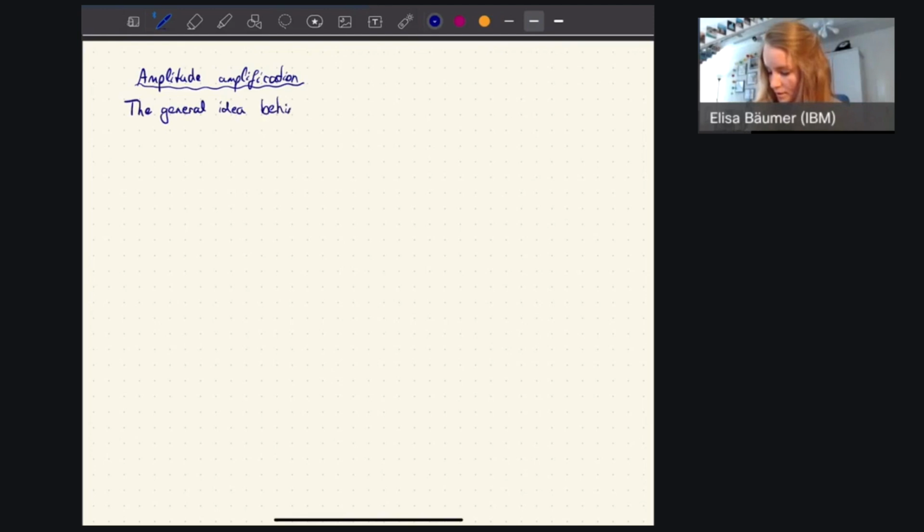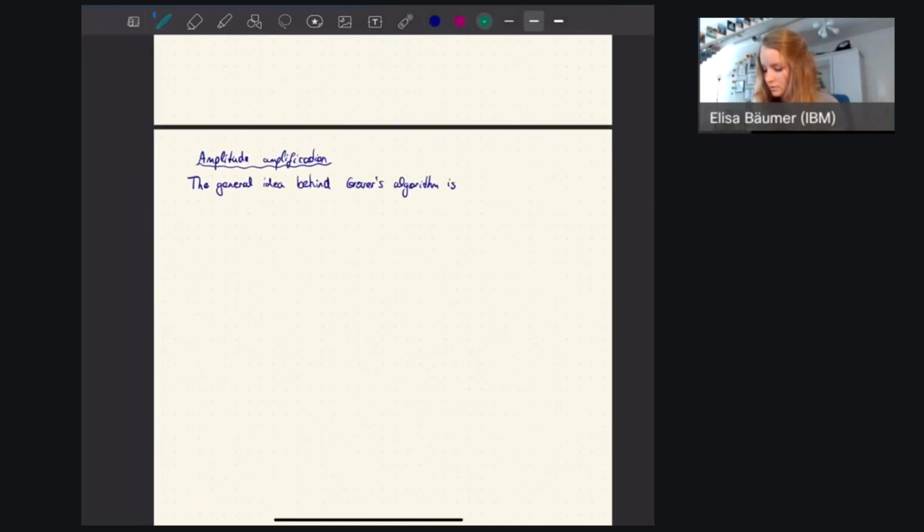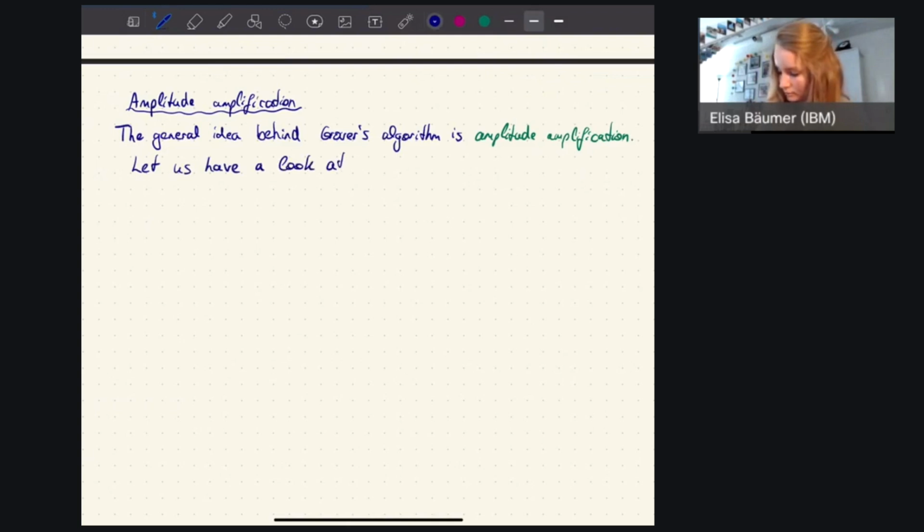So the general idea behind Grover's algorithm is exactly this. Sorry. Amplitude amplification. For that, let us actually have a look at the amplitudes at each of the steps in Grover's algorithm.